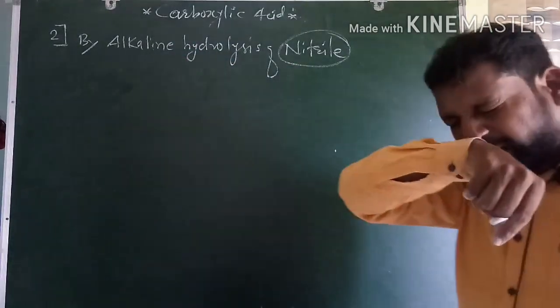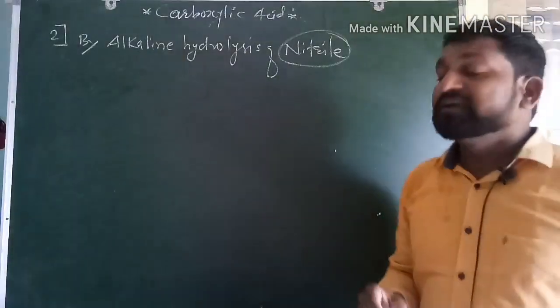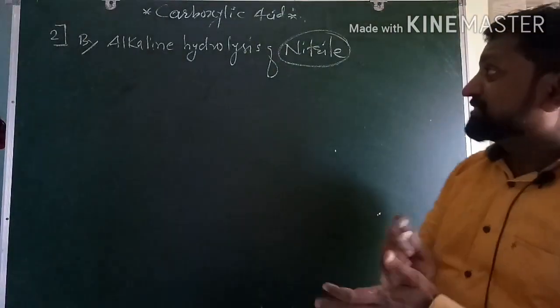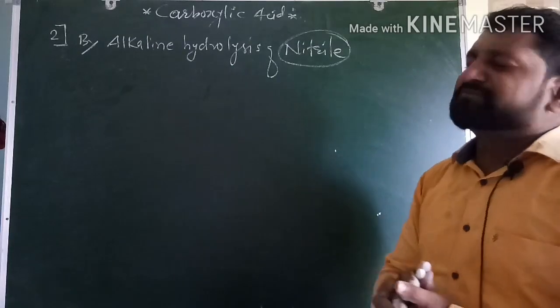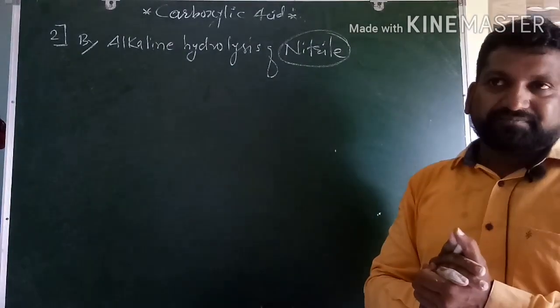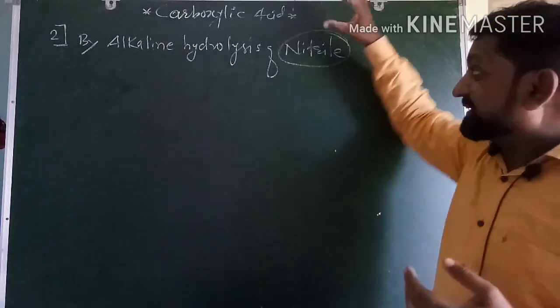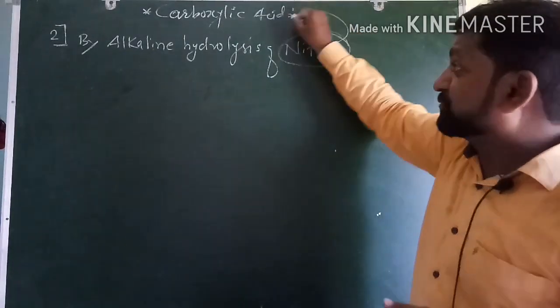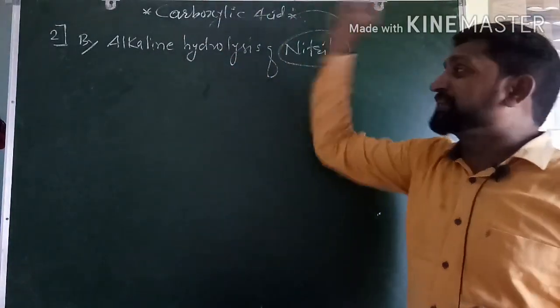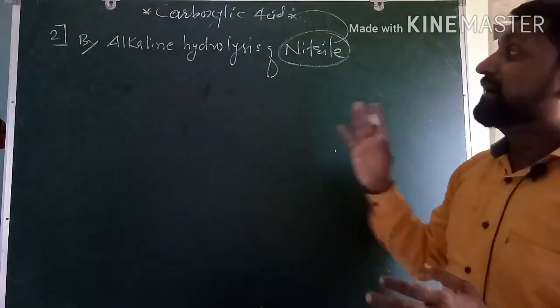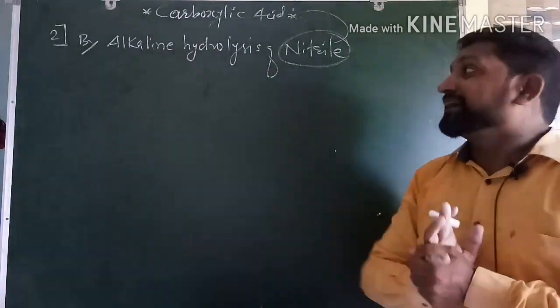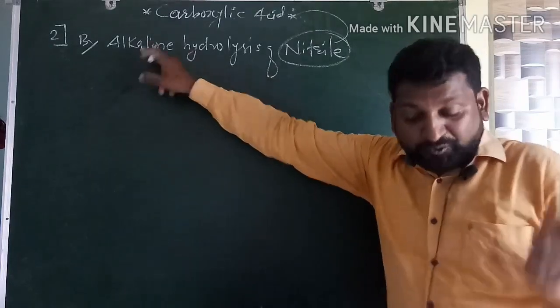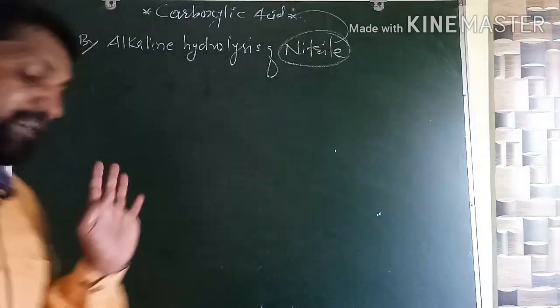Alkaline hydrolysis means what? Hydrolysis means simply breaking. If we want to break a nitrile in order to prepare a carboxylic acid by using alkali, such reactions are called alkaline hydrolysis of nitrile. Let us write the general reaction first.